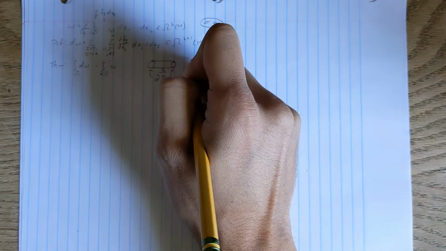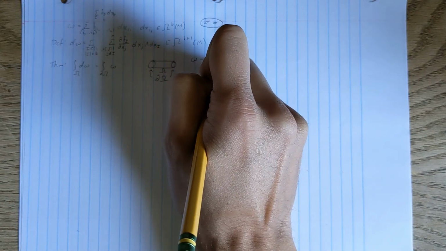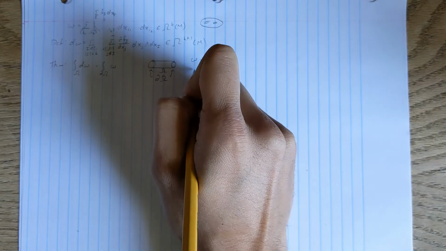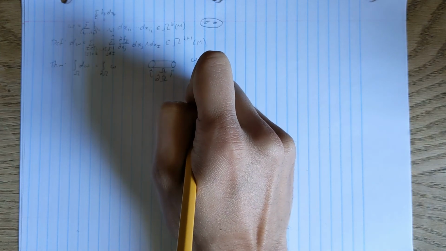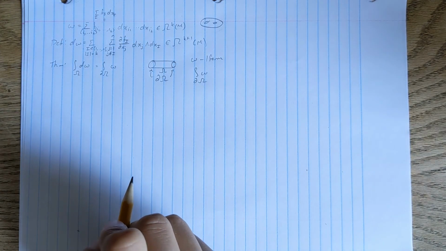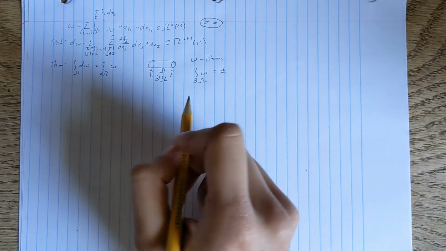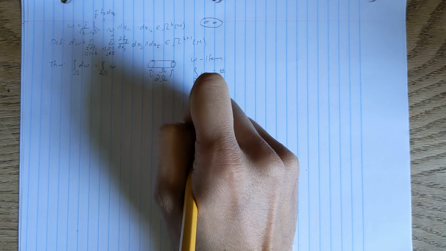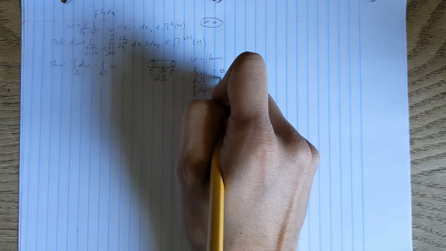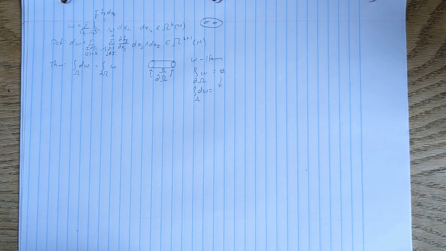Let's say that omega is a 1-form. Then you can integrate omega over the boundary, and this will give you some number. And what it says is that the integral of d omega over Omega will be equal to the same number. We'll talk about why this is a useful concept topologically.